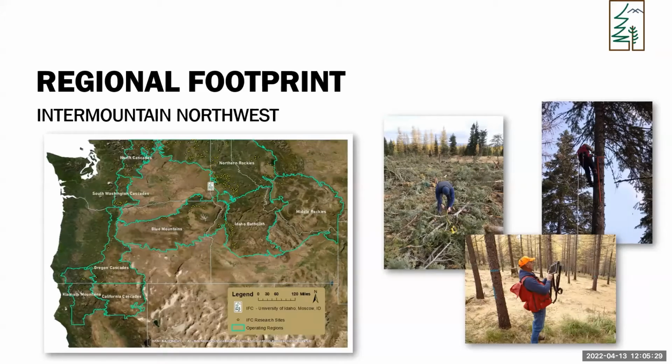This geographical footprint of our operating region just shows the diversity of landscapes and areas that we work in, all the way from the Klamath Mountains and California Cascades, Siskiyous in Northern California, all the way up into the Northern Rockies, bordering up to the Canadian border. And as you could imagine, we have a very wide, diverse range of different site types, not only from a climatic regime, but a soil parent material and topographic positions, all of which impacts our silvicultural management.